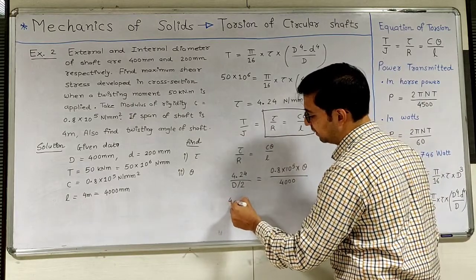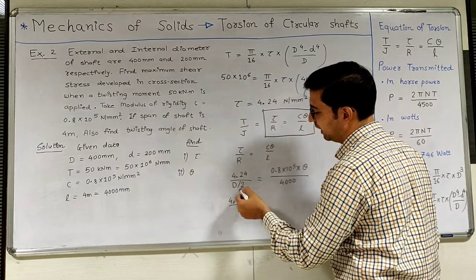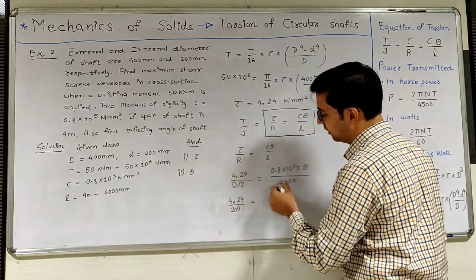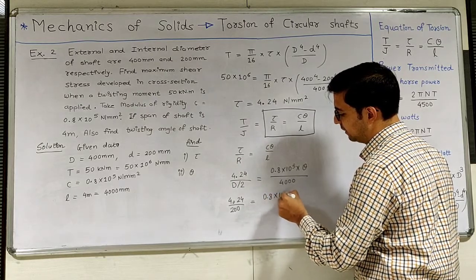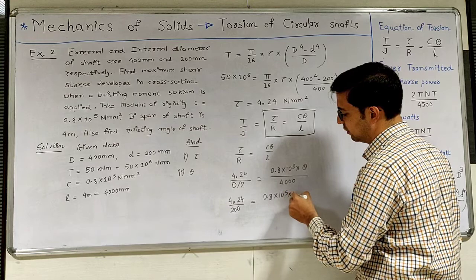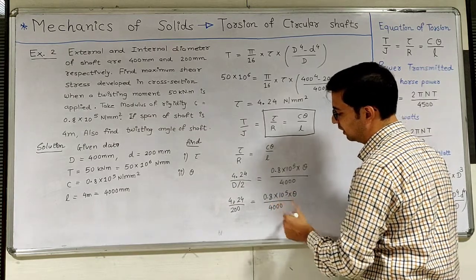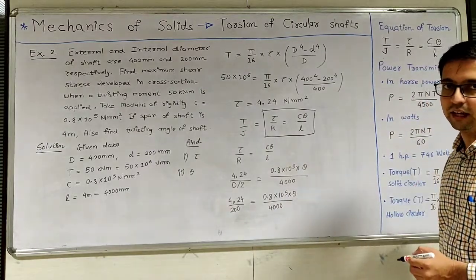By simplifying the external diameter 400 by 2, you will get the radius as 200, equal to 0.8 into 10 raised to 5 into theta divided by 4000. Here in this equation, the only unknown is theta.